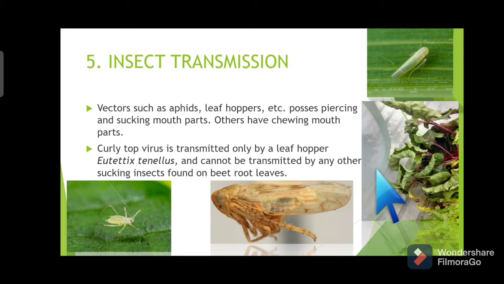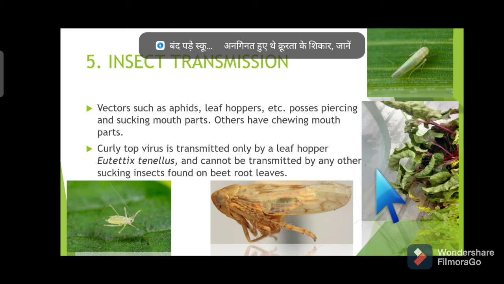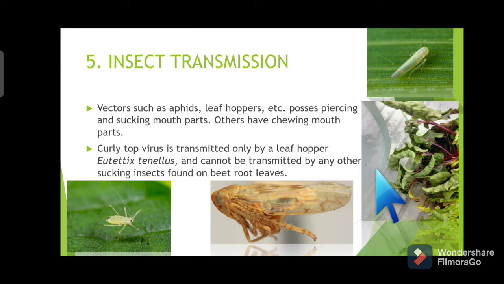That means viruses can survive only in the body of some insects and not in others. So not all insects can transmit the virus disease from one plant to another plant.